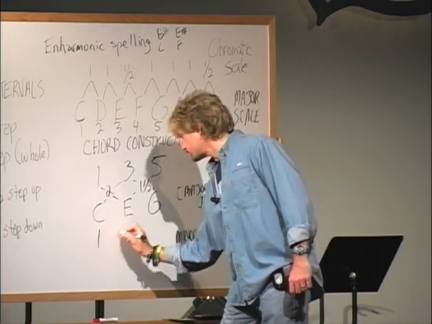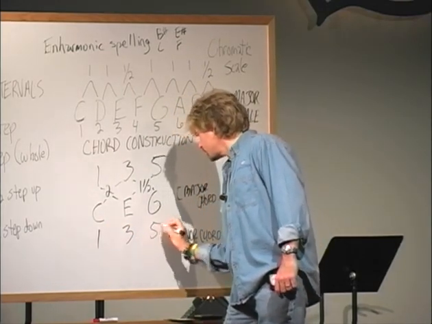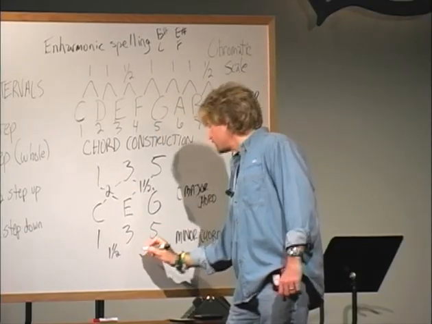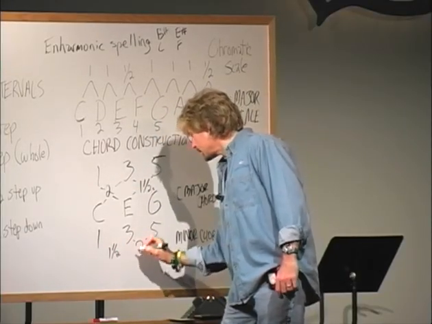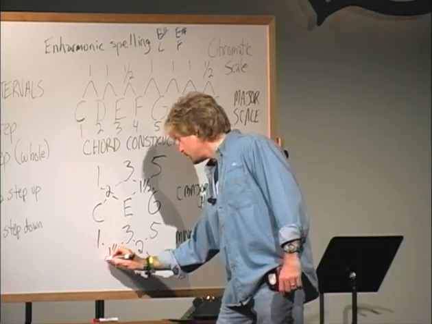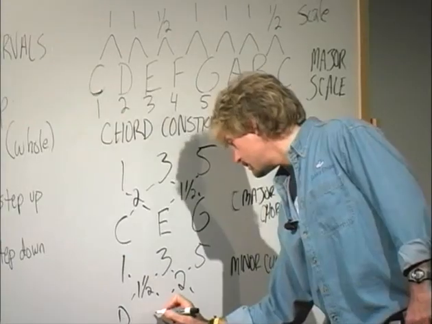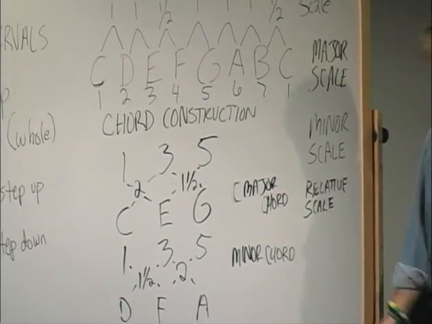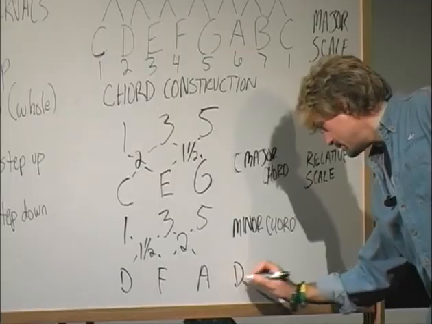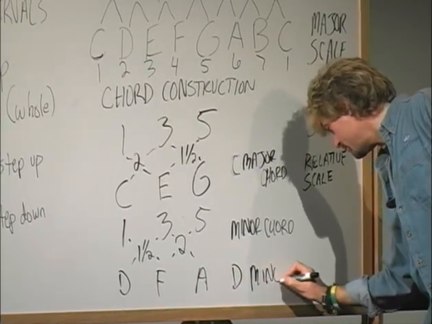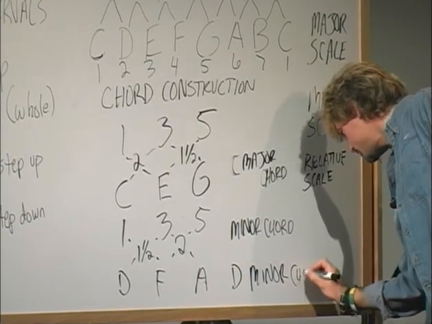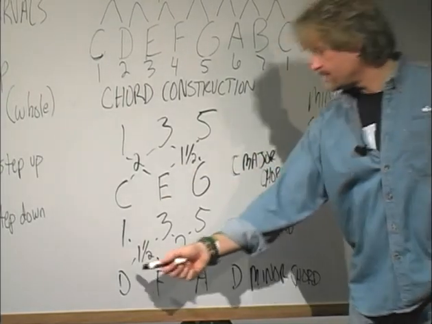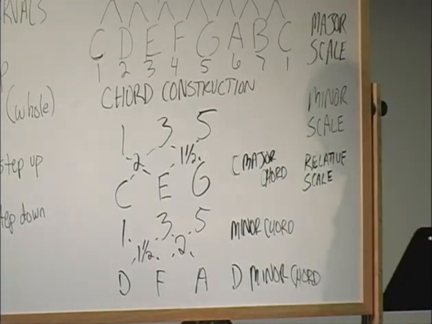Between the 1st and the 3rd and the 5th, we now have 1.5 and 2. Now in the case of the D, we now have D, F, A. So that is the D minor chord, but more importantly, we've now identified the intervals that help us to identify a minor chord.